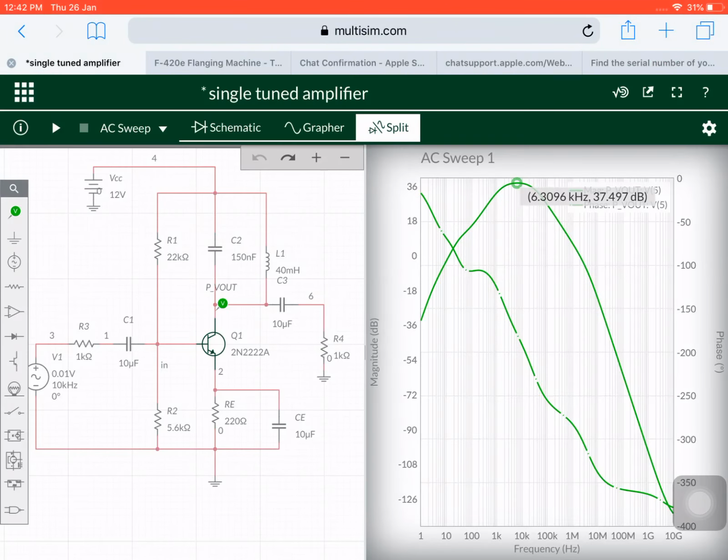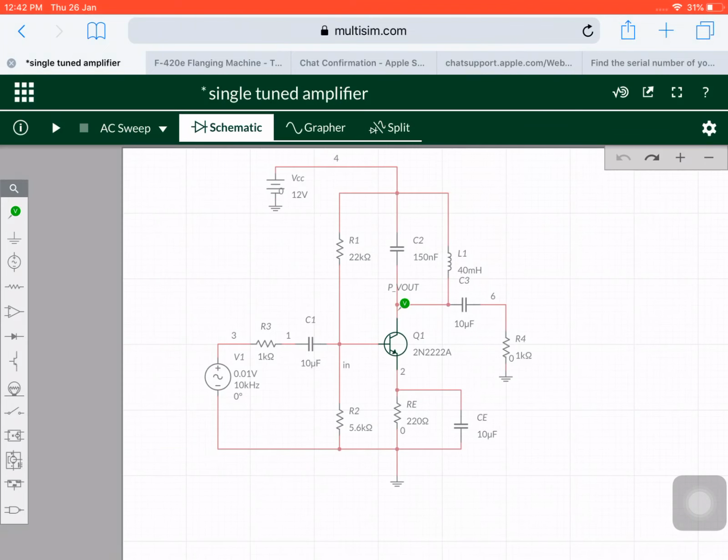Now let us come to this. Now on this breadboard of the Multisim simulator, I have designed a single tuned amplifier with one BJT and a tank circuit having 150 nanofarad capacitance and 40 millihenry inductance.